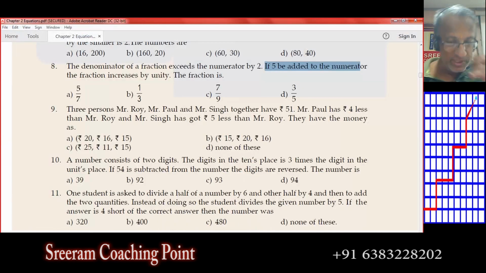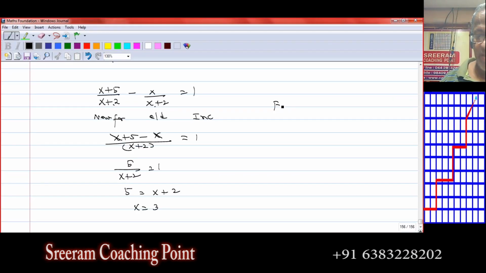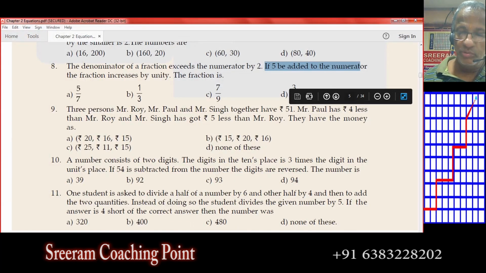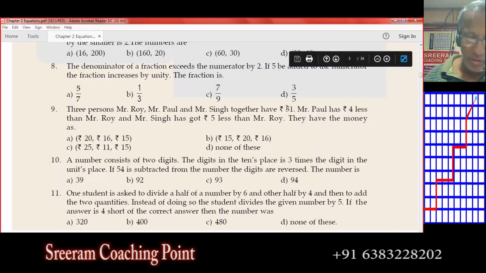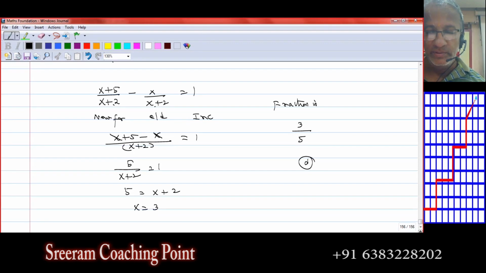What is the question that they have asked? What is the fraction? So fraction is 3 divided by 3 plus 2, 5. 3 by 5. Item number D. Am I right? All of you say yes or no. Are you following? Yes, sir.